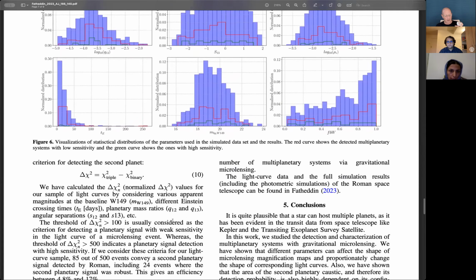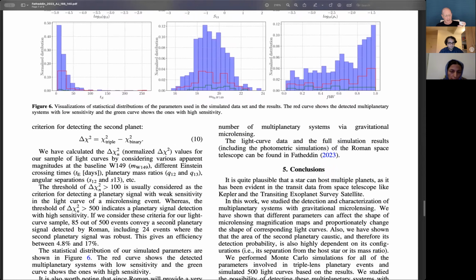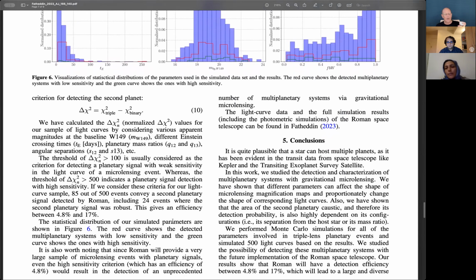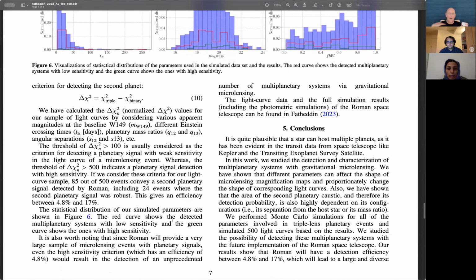We consider a threshold of 100 for the difference between chi-square of these 2 models, and finally we calculate the detection efficiency.